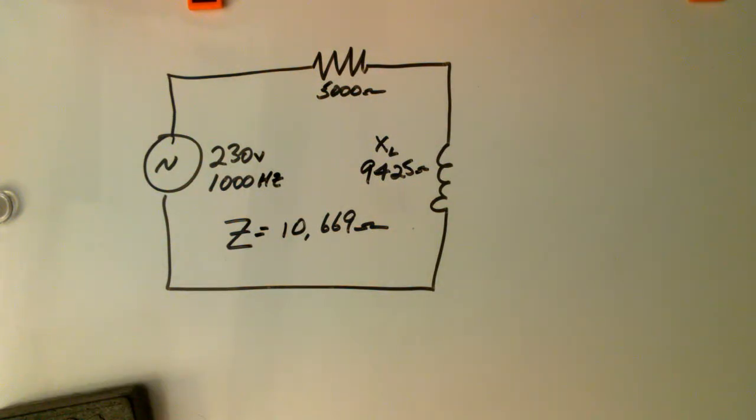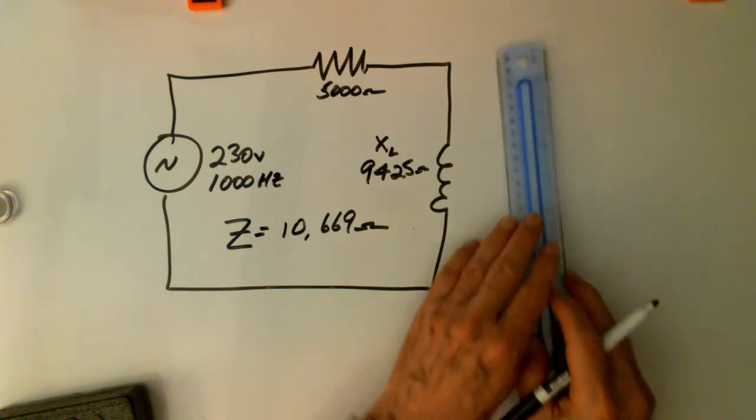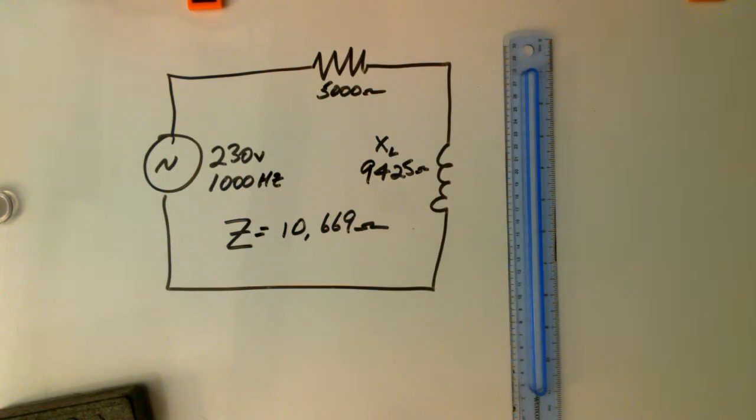And this is how I would like for you to remember this. Okay, so we want to know something about power, maybe something about reactive power. We definitely want you to know something about power factor, and the phase angle in the circuit.